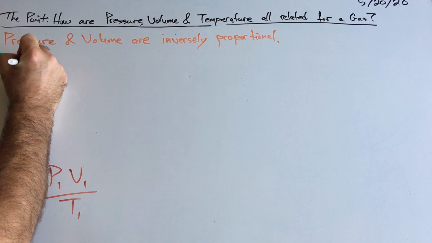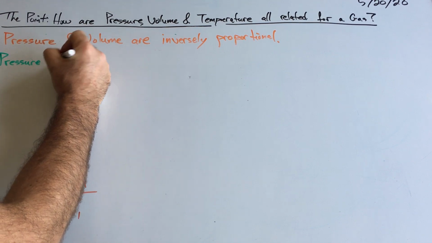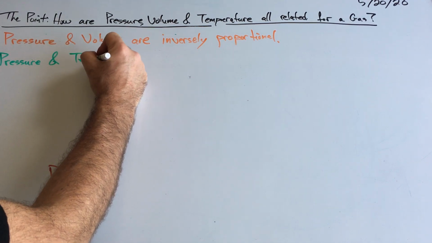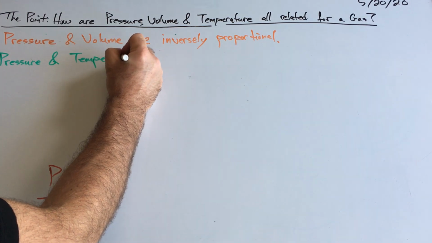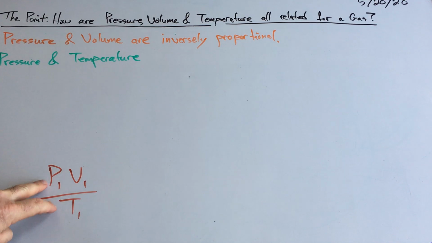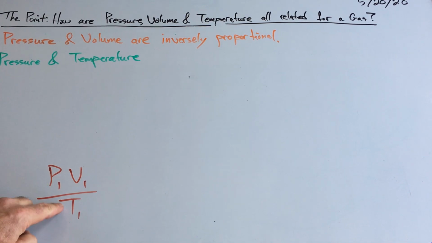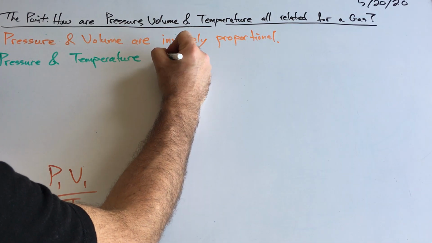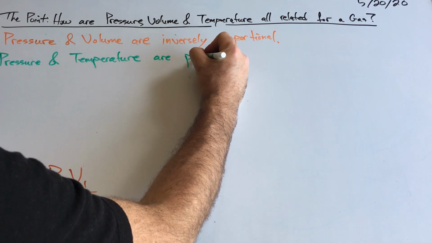Pressure and temperature, let's see, pressure and temperature, they're on different levels. One's on the top, one's on the bottom. So different levels act the same, are proportional.